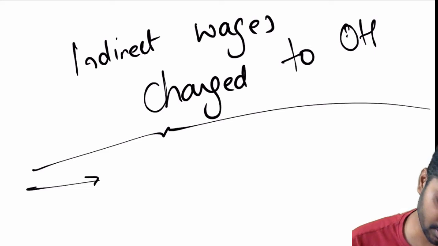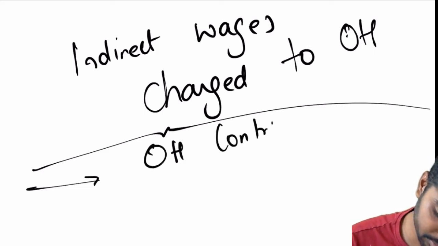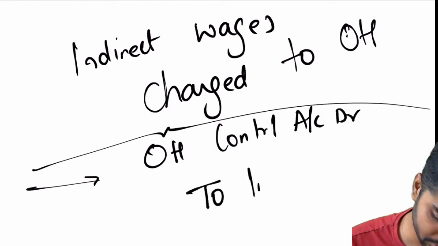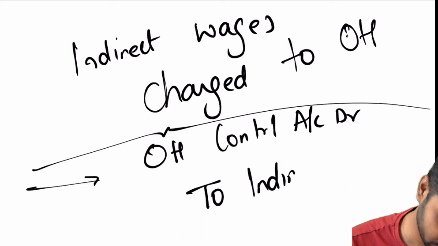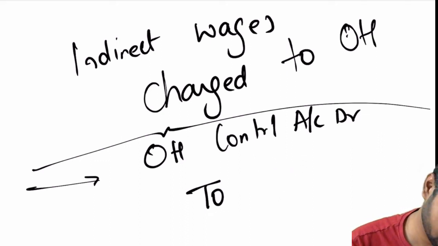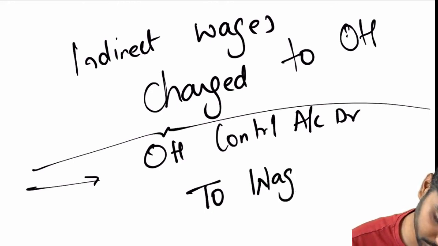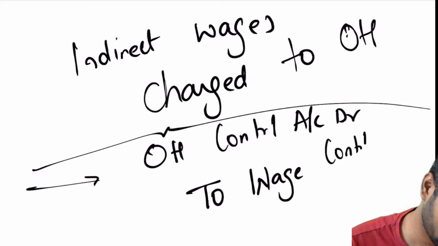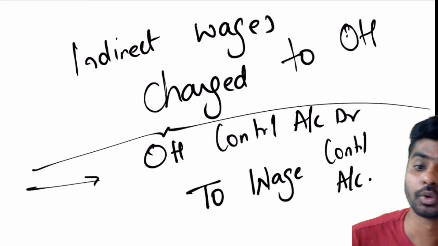I'll write the journal entry, just let me know. Overheads control account debit, sorry, overheads control account debit to wage control account.